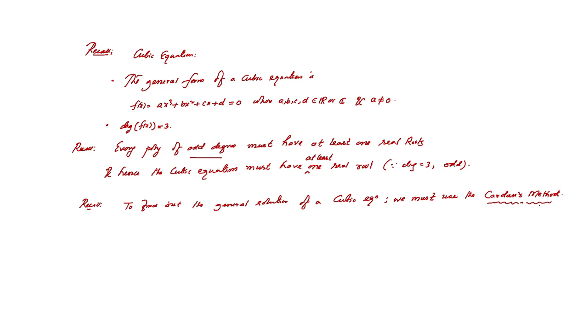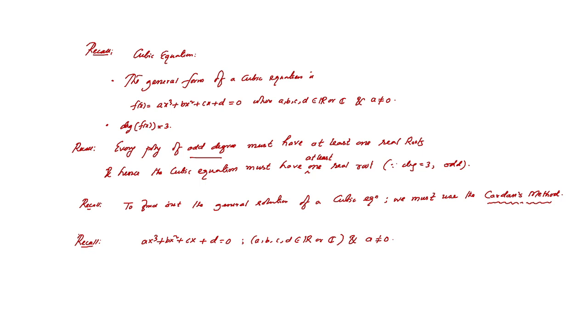This is important. Here we will see two kinds of cubic equation. We will divide the cubic equation into two types. Recall the general form of the cubic equation: ax cube plus bx square plus cx plus d equals to 0, where a, b, c, d belong to either real or complex and a is not equal to 0.